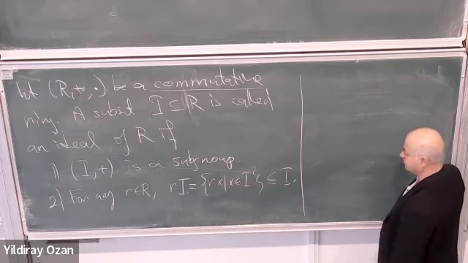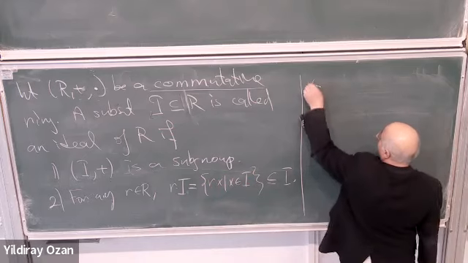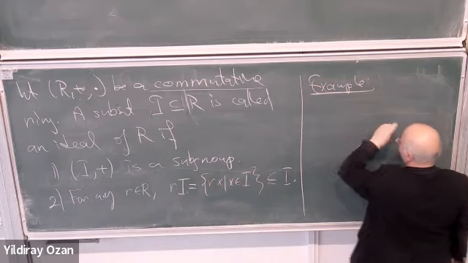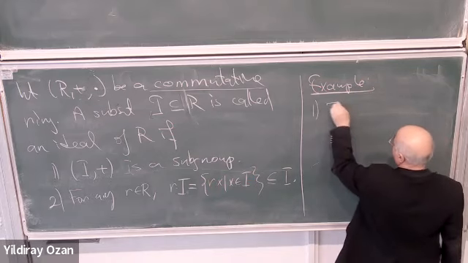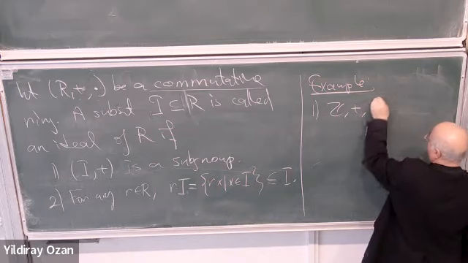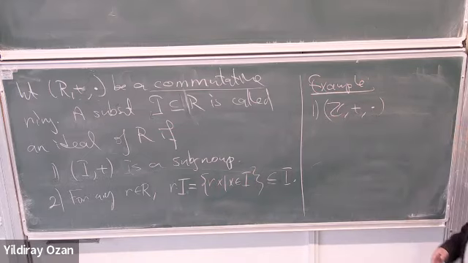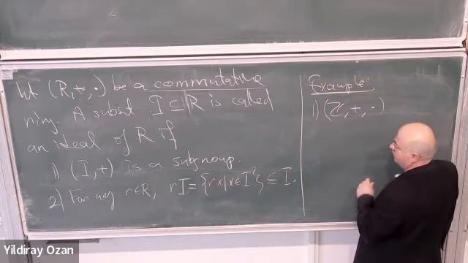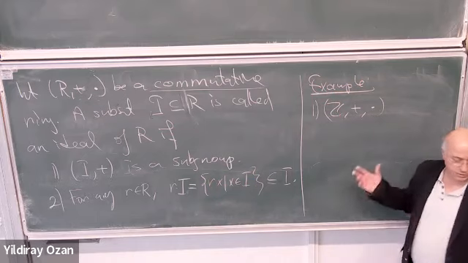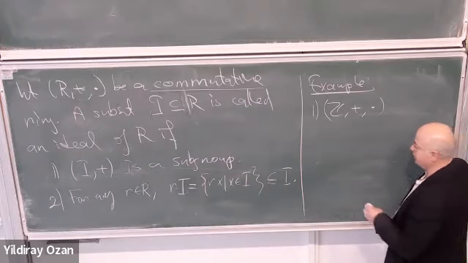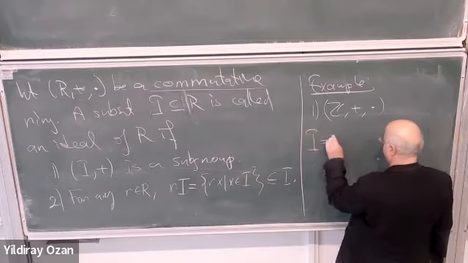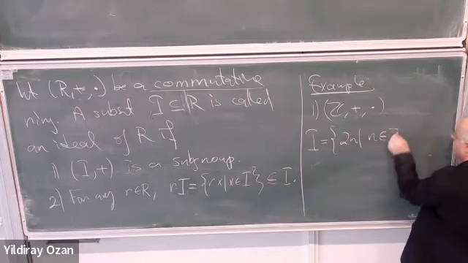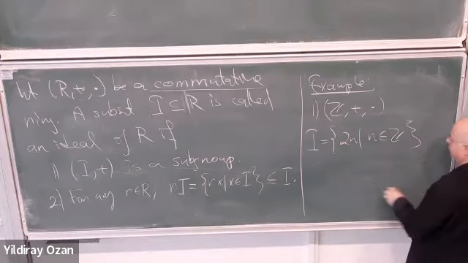Okay. Example. For example, consider integers. An ideal here is what? For example, all even integers is an ideal, right? The set of 2n where n is an integer is an ideal, right?